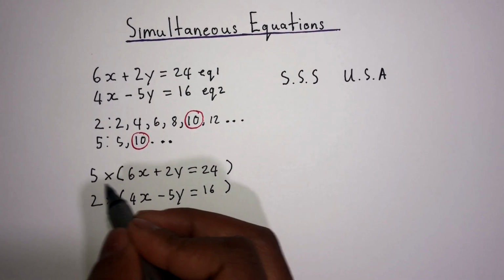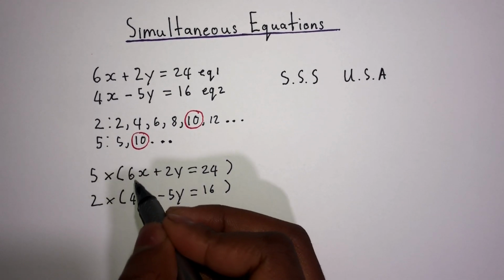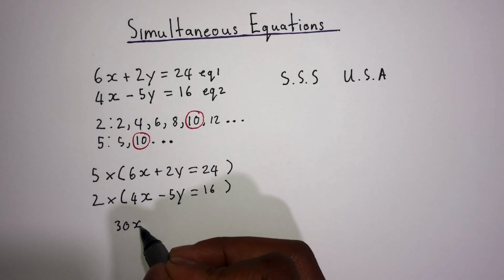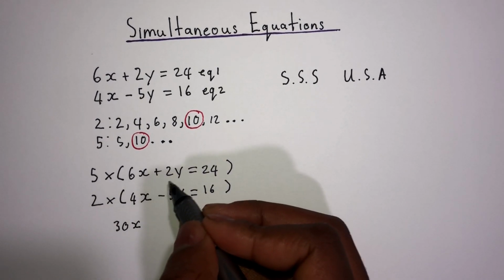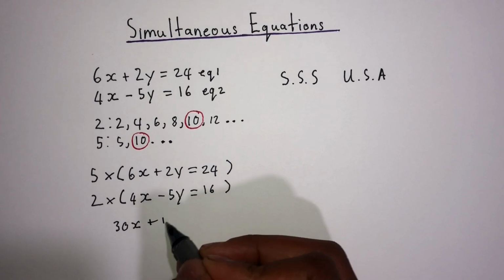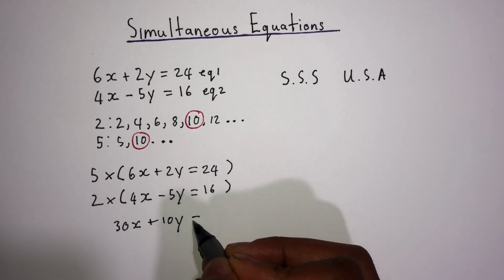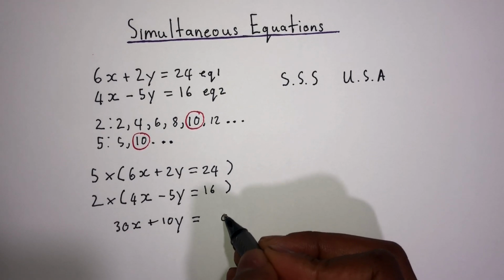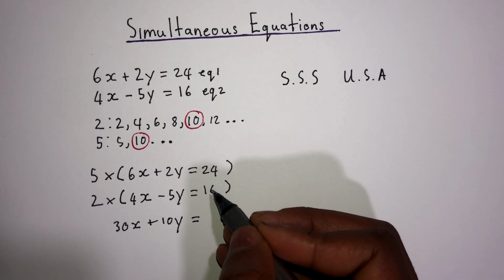Now let's distribute. 5 times 6 equals 30. 5 times 2y gives us 10y. And 5 times 24: 5 fours is 20, carry the 2, 5 twos is 10.